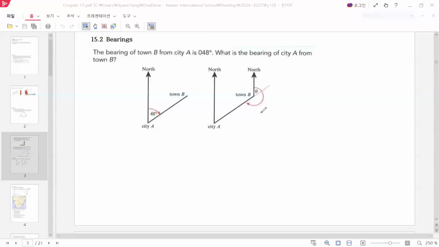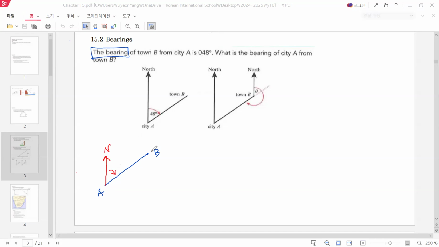Bearings. From your earlier education, you've learned what bearing is. Bearing is measuring the degree from the north point. North point, understand? So for points A and B, to measure the bearing from A to B, you need to draw a north point direction arrow first from A and measure this angle.